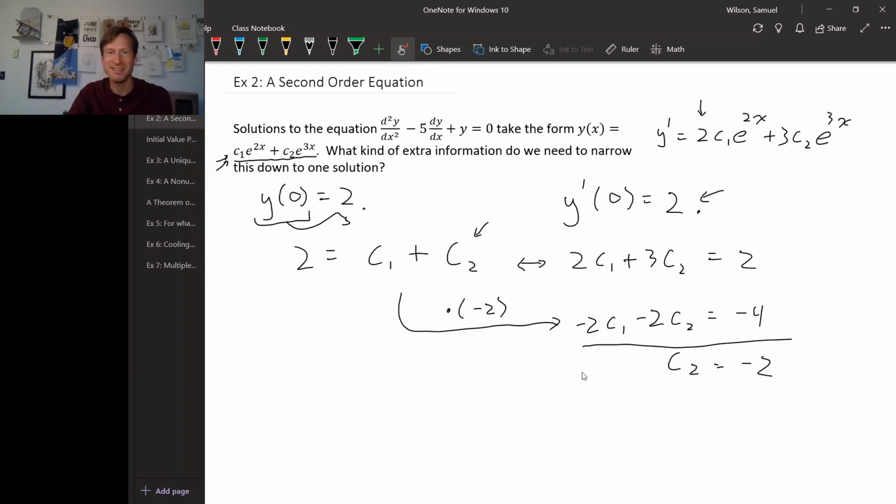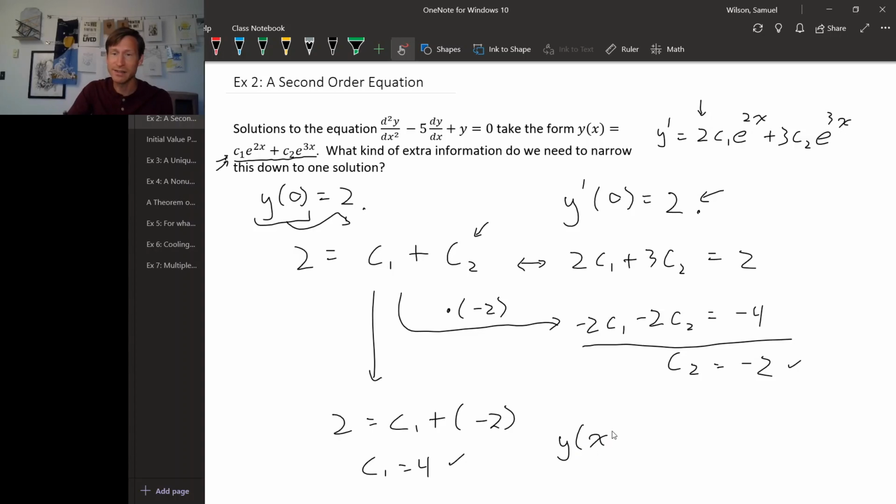And now that we know what C2 is, we can go back and find C1. So say using this first equation, 2 equals C1 plus C2, but now we know that C2 is -2, and so C1 is 4. So now we know C1, we know C2, and so we get a single solution.